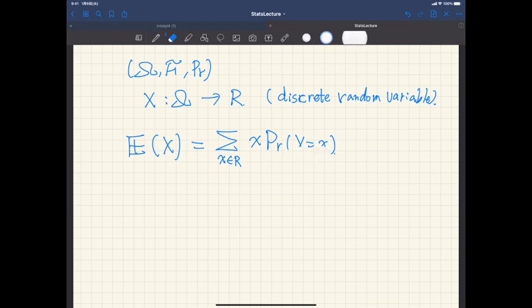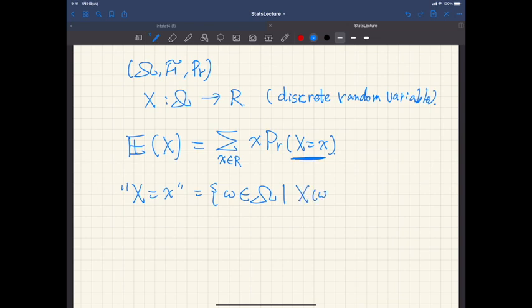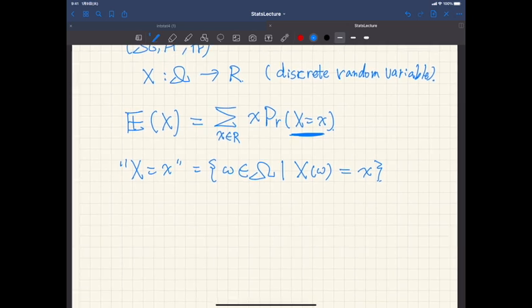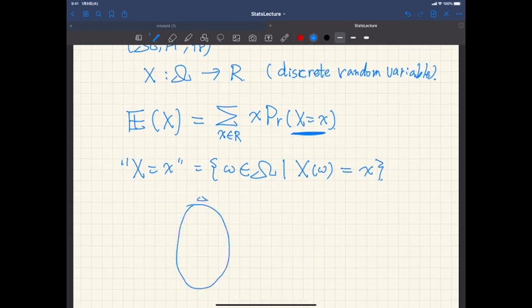Remember, this X is an event. This is just a shorthand notation for this subset. Again, let's draw this diagram. Let's say we have some value x here.